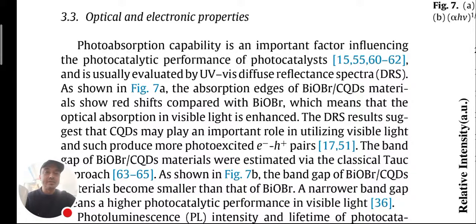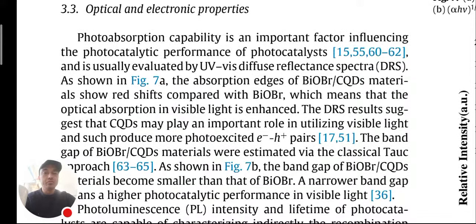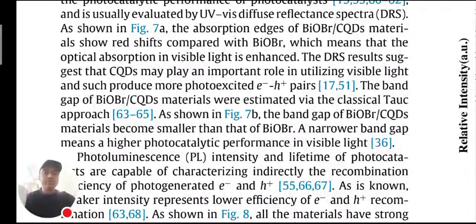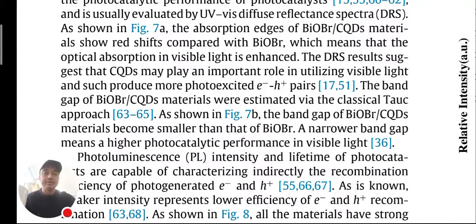The DRS results suggest that the carbon quantum dots may play an important role in the utilization of visible light, producing more photoexcited electron and hole pairs. The band gap of the BiOBr carbon quantum dot material was estimated and becomes smaller than that of BiOBr. A narrower band gap means higher photocatalytic performance in visible light.